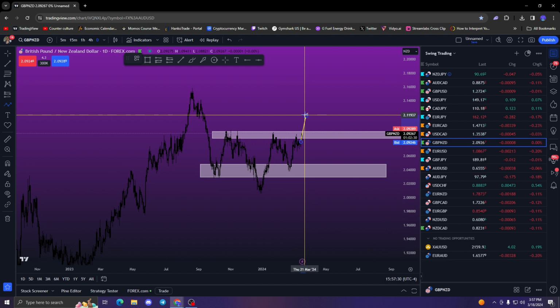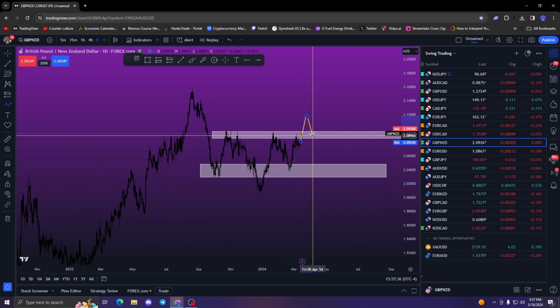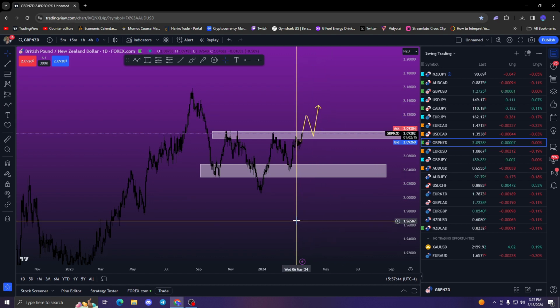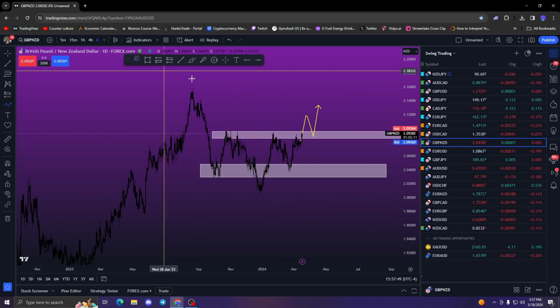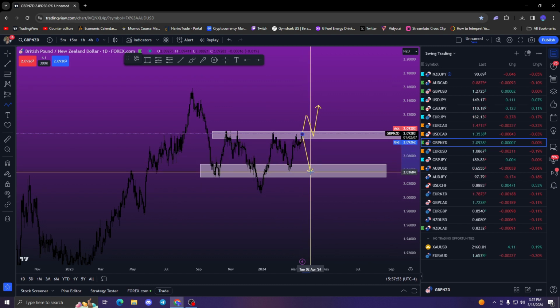And if that does happen, if price breaks above this resistance and it comes back down to retest as a support zone, I will then look for possible buys to take this back up and ride the current trend. Until then, I'm not too sure what's going to happen. This could easily just crash all the way back down into here.